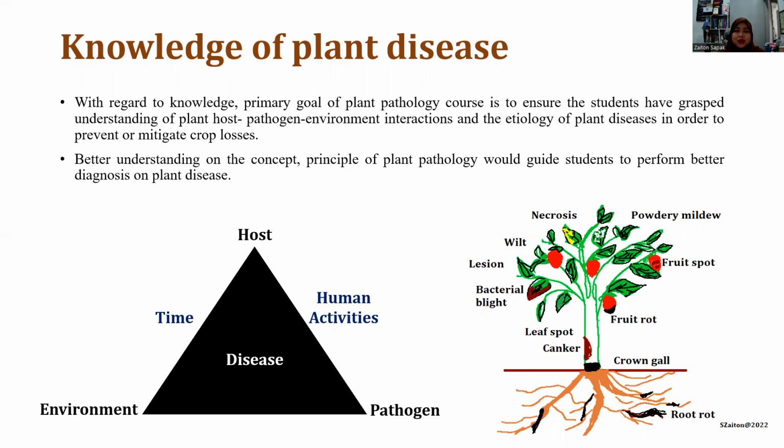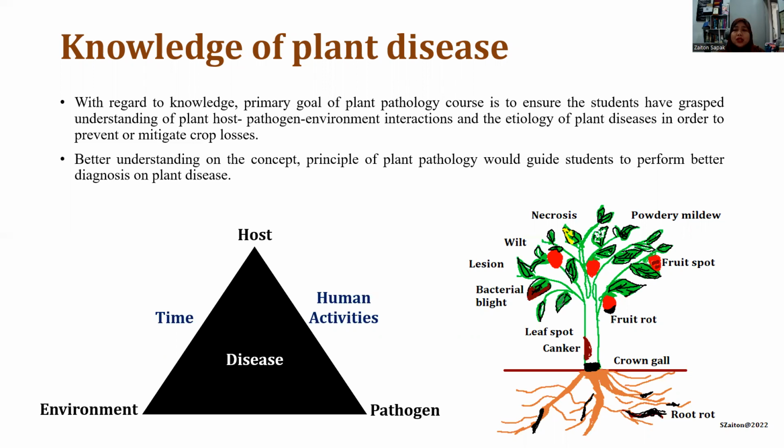This photo shows the disease triangle as the basis. We're talking about the susceptible host, the variable environment, and the virulent pathogen. The interaction can determine the amount of disease development.